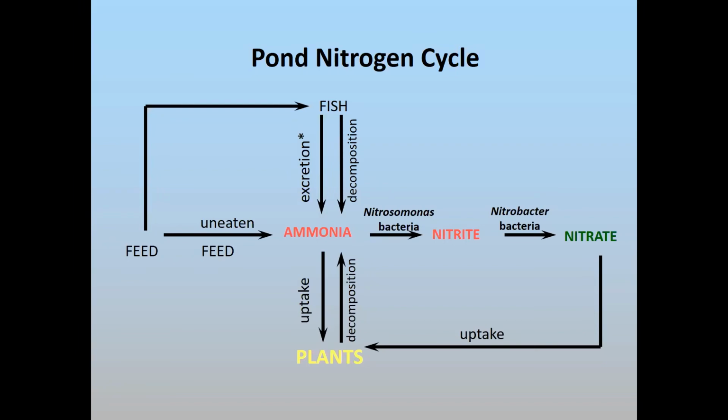And then the other thing about that is your plants can uptake both the ammonia, but they particularly also like nitrate as well. And so this is constantly going on here. Bacteria are converting this. The plants are taking up the nutrients, not only nitrogen, but other nutrients as well, kind of keeping things in balance. So this cycle is important.